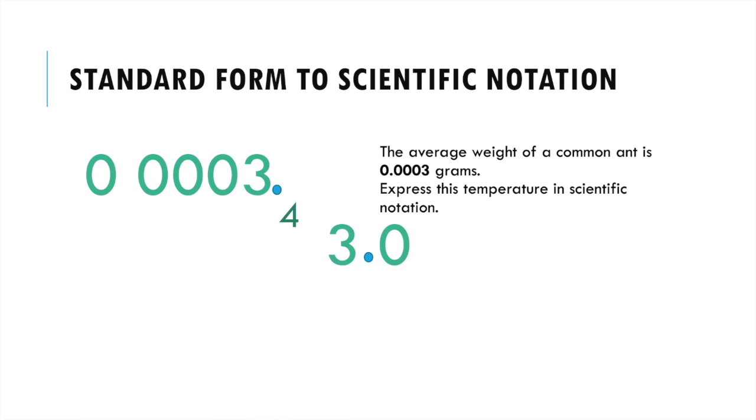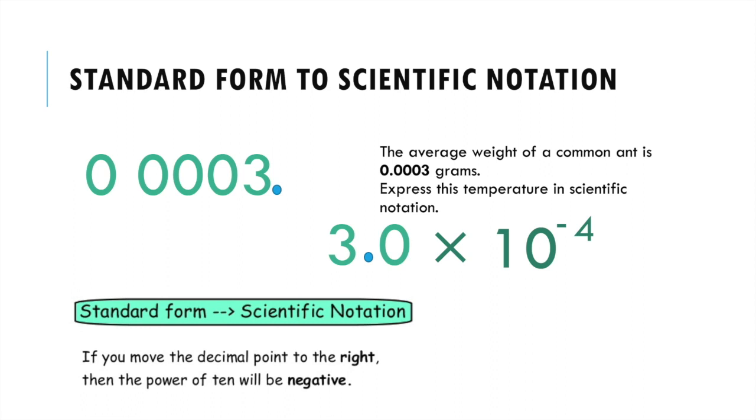Now I want to write the second part of my scientific notation number times 10 to the what power? Is it going to be the 4th power? Not this time, right? Because we moved it to the right and we started with a smaller number, it's going to be 10 to the negative 4th power. Because if you move the decimal point to the right, then the power of 10 will be negative. Pause the video now and write that into your notes.